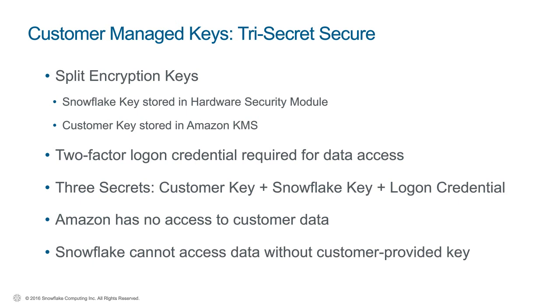Access to the customer data requires the combination of a Snowflake encryption key plus the customer's encryption key, and valid customer credentials with role-based access on that data. Because the data is encrypted with this split encryption key, it is really impossible for Amazon to gain access to this data, or for anyone at Snowflake.